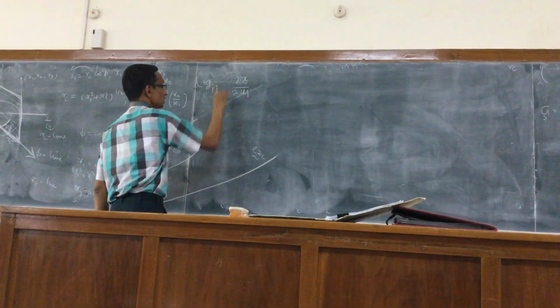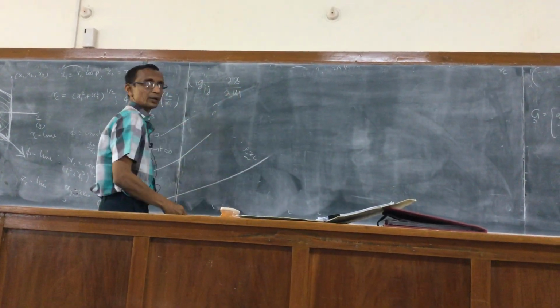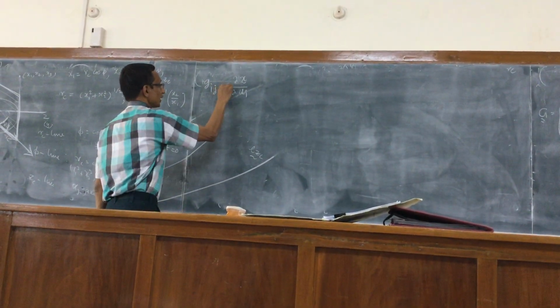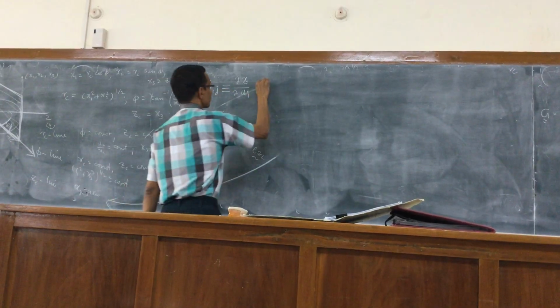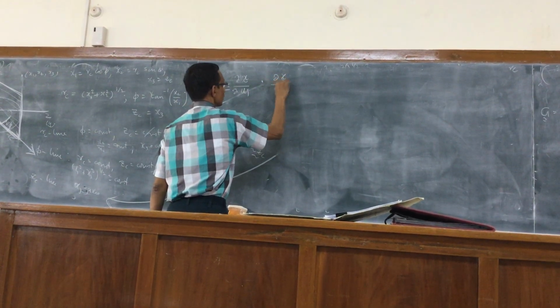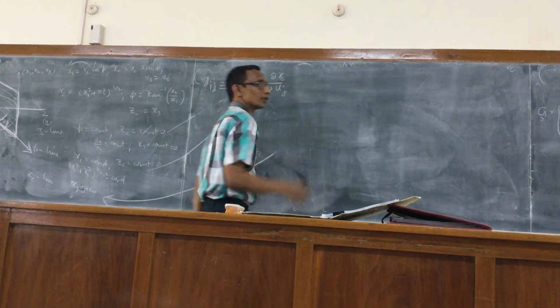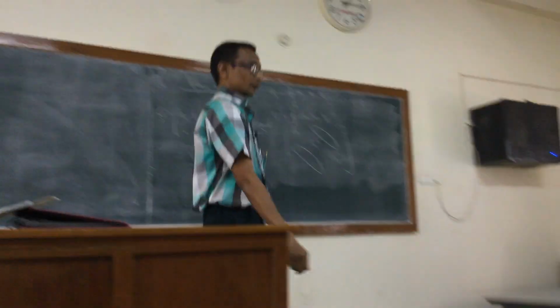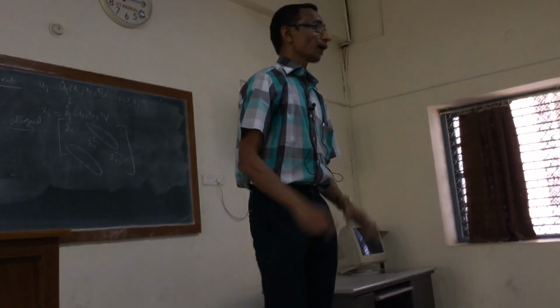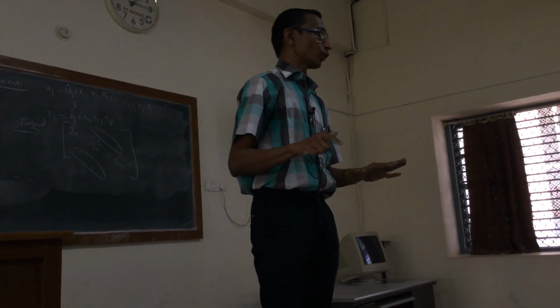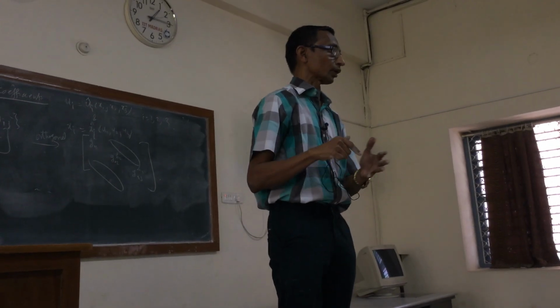So now the metric coefficient g_ij is defined as the dot product of these tangent vectors. This is arbitrary for any curvilinear coordinate system, no matter if it is orthogonal or not.